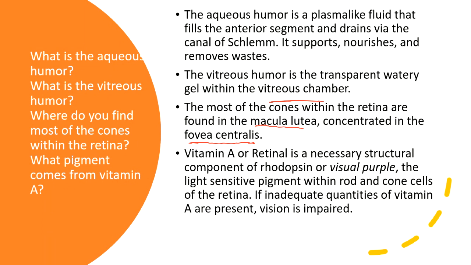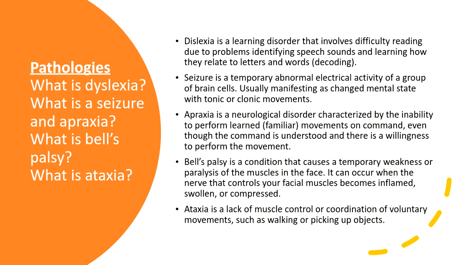They are within the rods and the cones of the retina. If we have inadequate quantities of vitamin A, then we have a chance of losing our vision, okay? So extremely important for our eye health and the production of retinol.